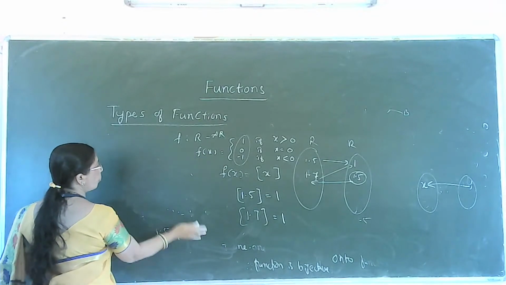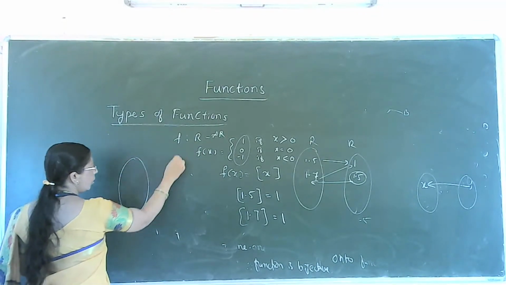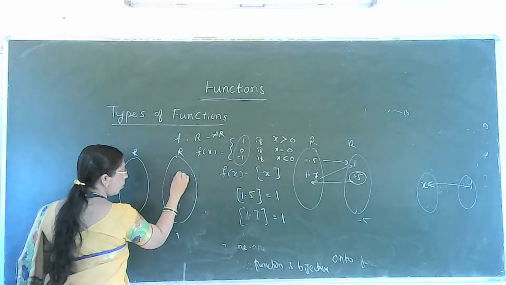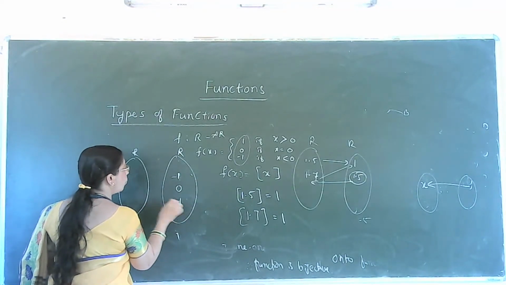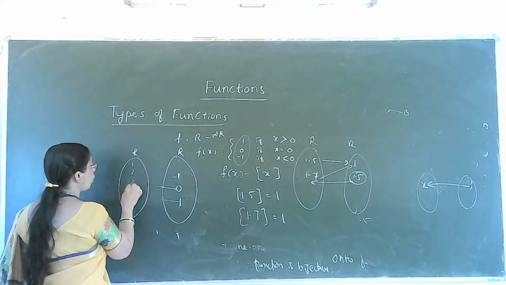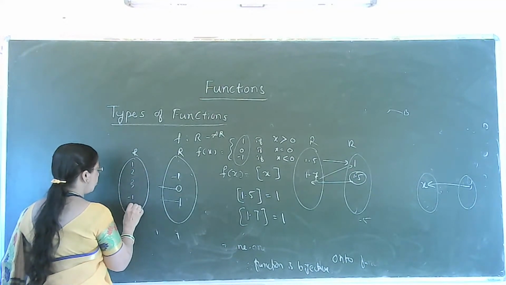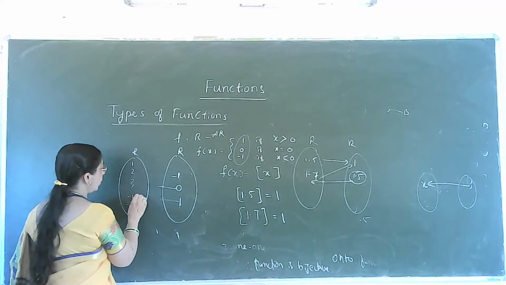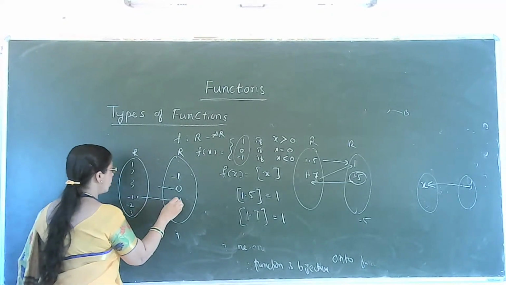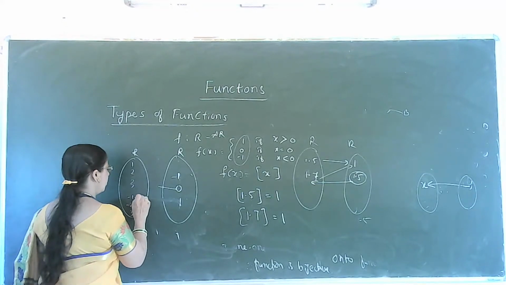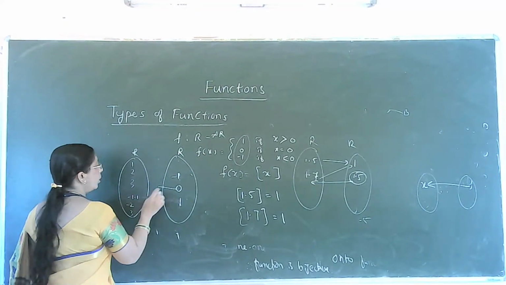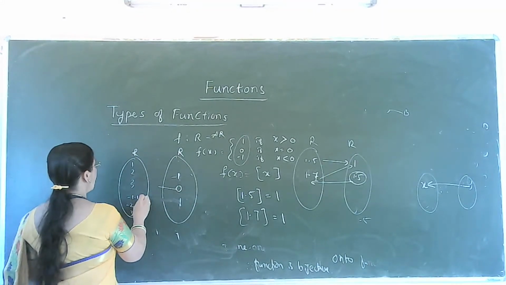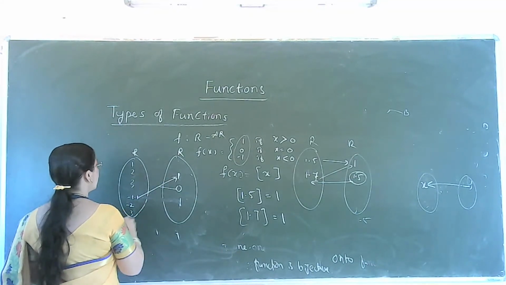Other elements of R remain without images. Therefore, it is not an onto function because the real set has many elements, but only minus 1, 0 and 1 are the images. Every element like minus 1, minus 2, minus 3 has image minus 1.